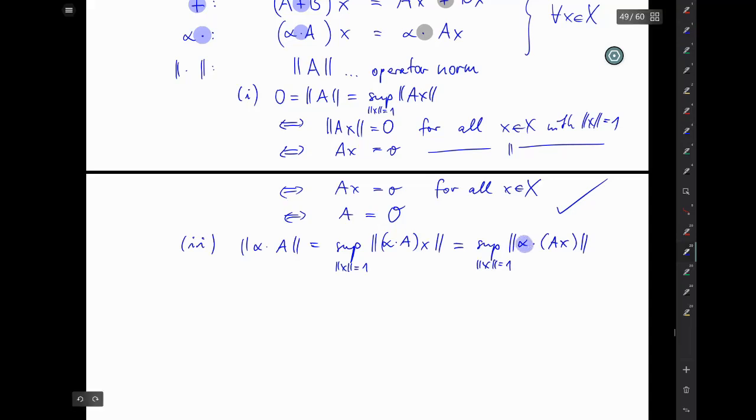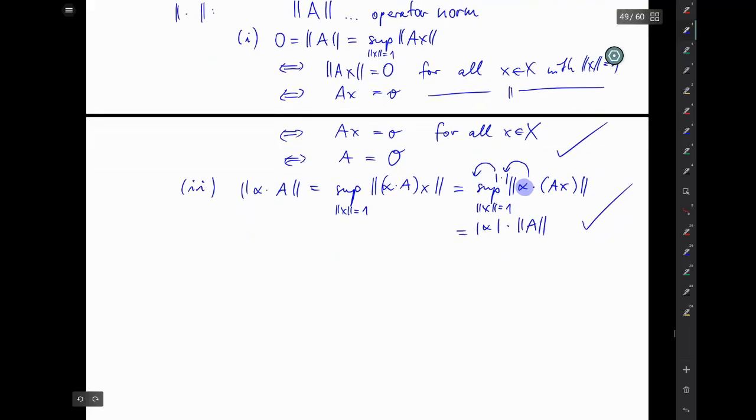Okay, but from there it's easy to get the little alpha out of this norm, of course as modulus alpha, and then from there in front of the supremum, ending up at modulus alpha times norm of A as we want. Check.